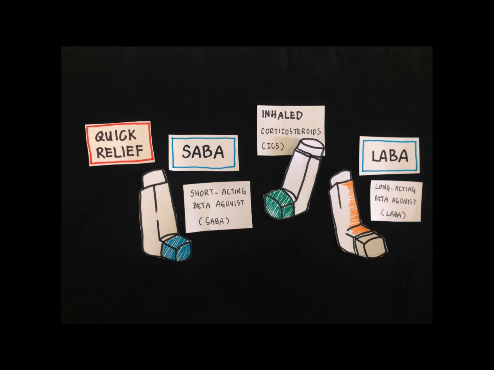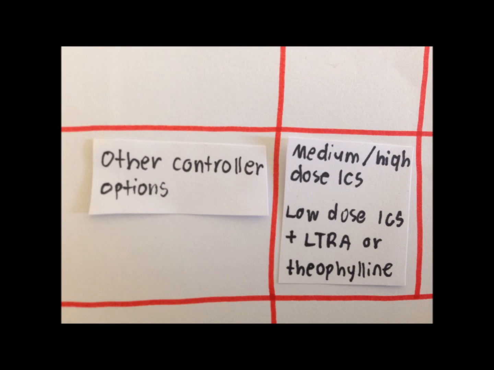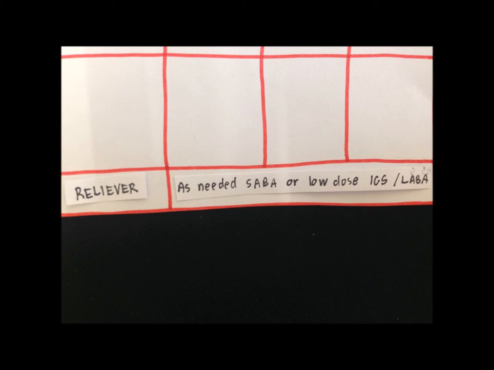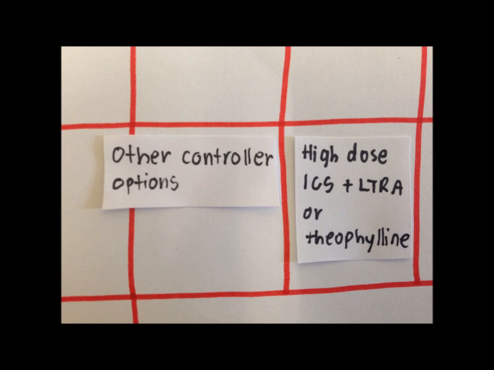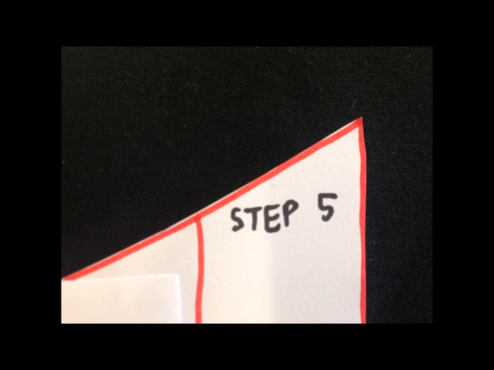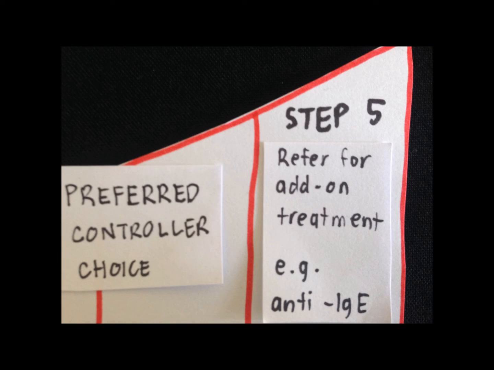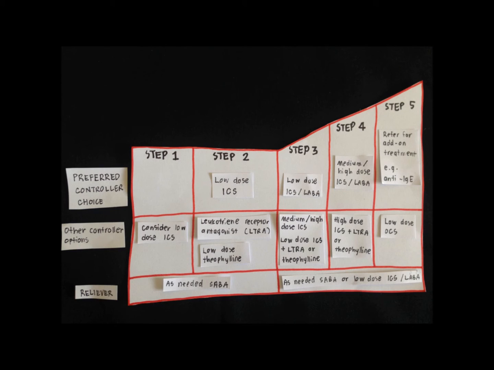For step 3, we use SABA, short-acting beta-agonist, and long-acting beta-agonist. For step 4, we need the short-acting beta-agonist and also the inhaled corticosteroid at a high dose. And lastly, step 5, which is severe, we use anti-immunoglobulin E, for example.